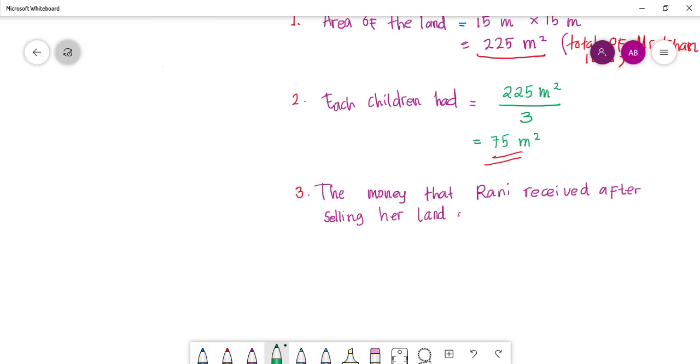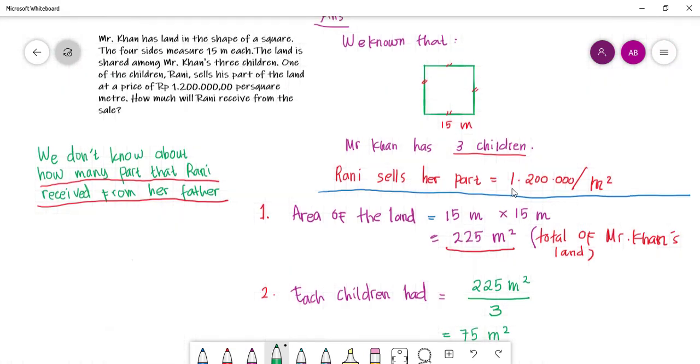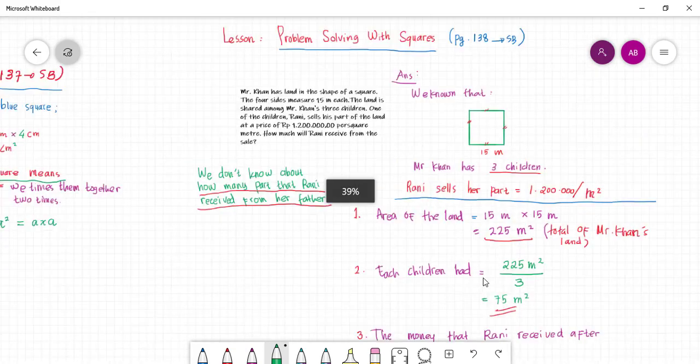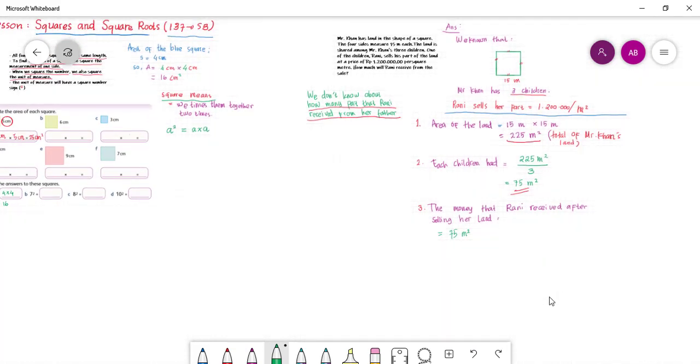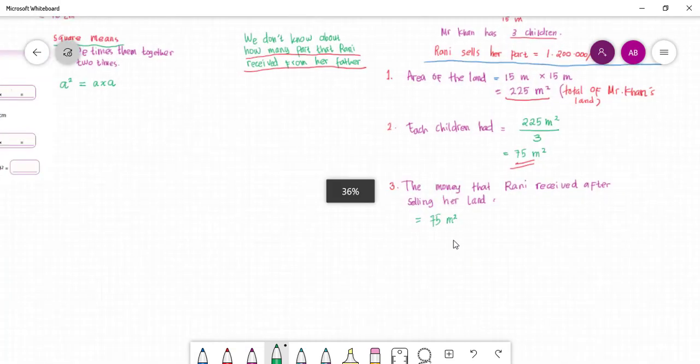Okay, the money that Rani received after selling her land. First you put how much land Rani had, 75 square meters. And then you times it by what she sells every part for, 1,200,000 per square meter.